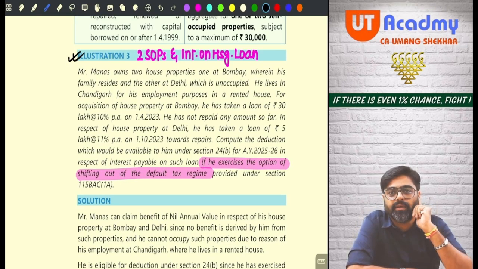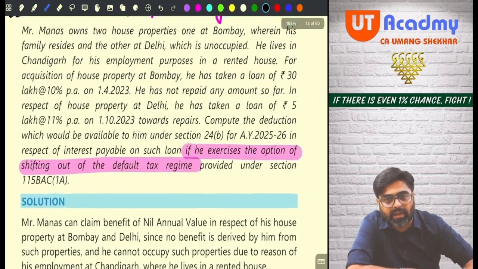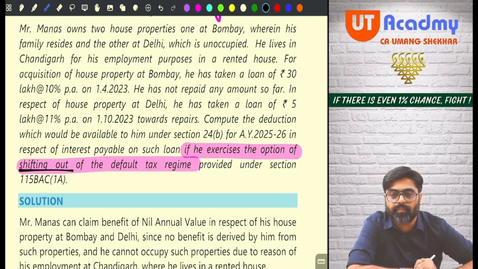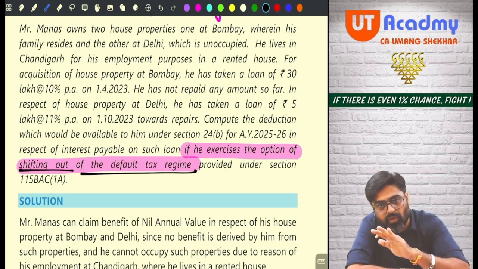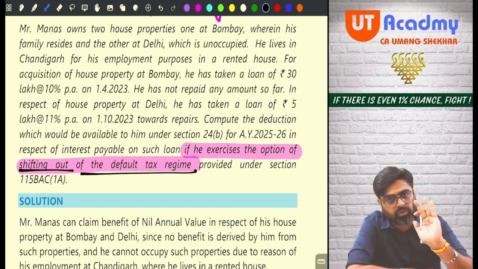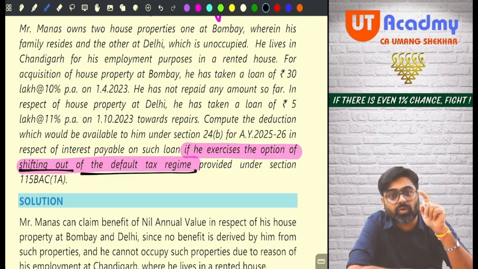Got it? So in the question, see, I have highlighted, they are saying that if he exercises the option of shifting out of the default tax regime, meaning is he following 115 BAC or not following? Not following 115 BAC. If not following 115 BAC, interest on housing loan deduction will be available? Yes. So calculate that interest on housing loan deduction.